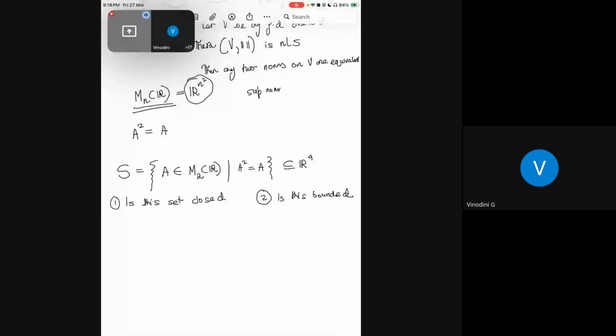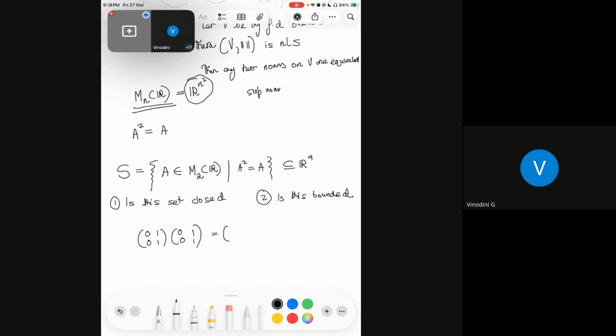Can you give me any matrix except the identity matrix and the zero matrix which is in S? Sir, for example 0101. Are you saying this matrix? Yes, sir. If I do it by hand, then yes, this will be in S. Just compute it.